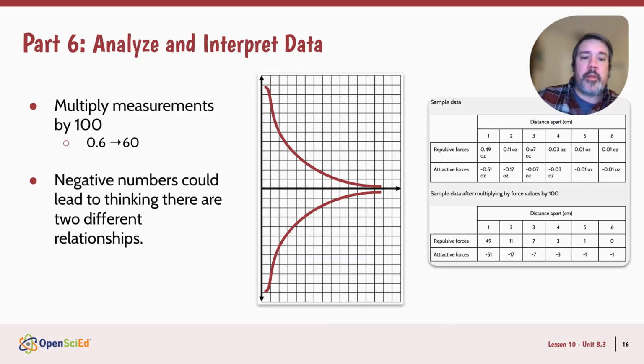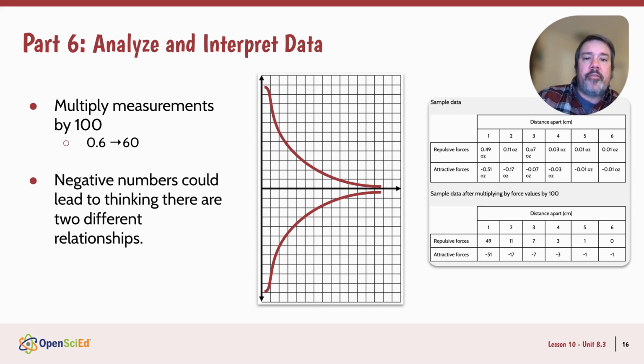When we set up the magnets so that they attract, it's actually going to lift the scale, and we're going to get these negative numbers. That can be a little bit confusing to students. It can make them think that maybe there are two different relationships, or that there's something going on there.